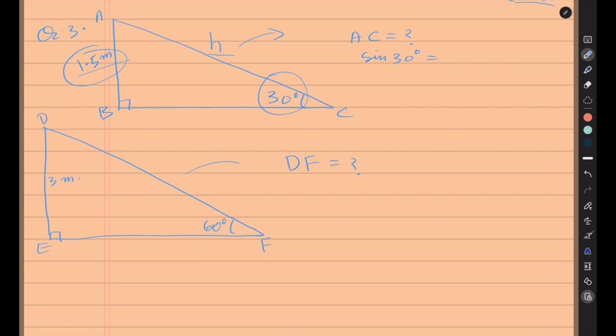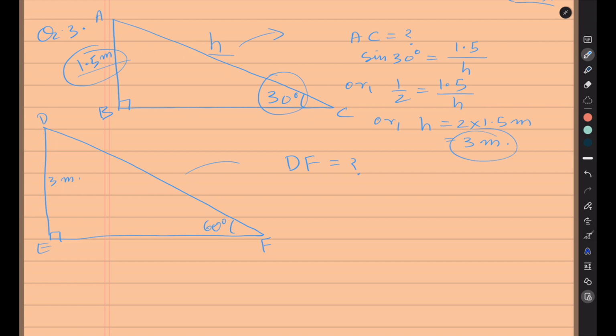Sine 30 degree is equal to perpendicular divided by hypotenuse. Hypotenuse will be the length of the slide, or 1 by 2 is equal to 1.5 divided by H, or H will be 2 times 1.5 meter, that will be 3 meter. So for the smaller children, the length of the slide will be 3 meter.